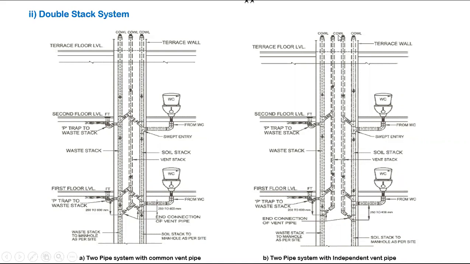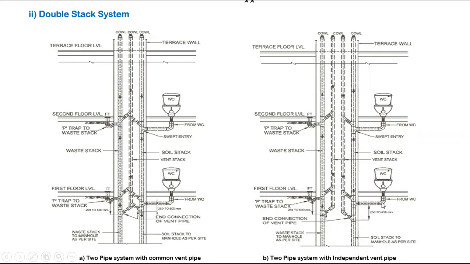Here the soil pipe will be there, also with a separate vertical vent pipe. It will be connected intermediately, at every floor: ground floor, first floor, second floor.